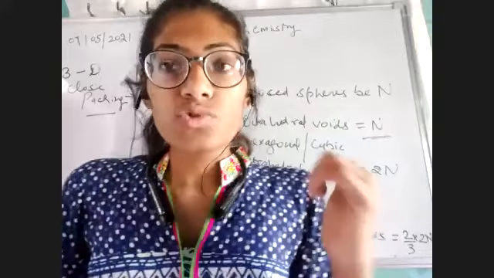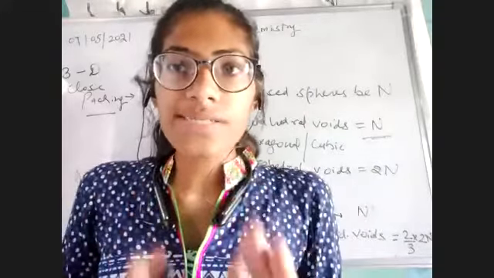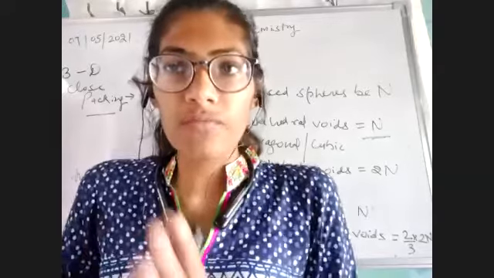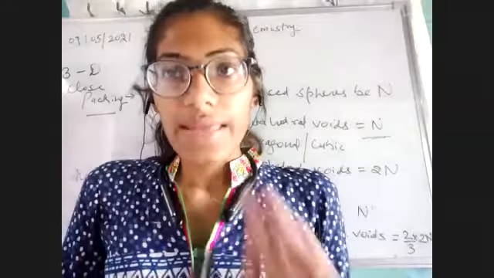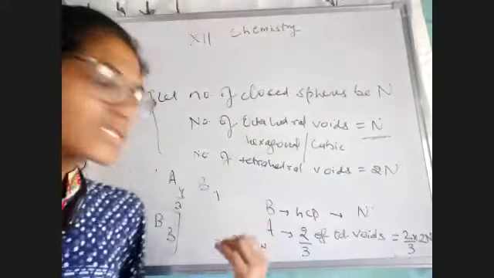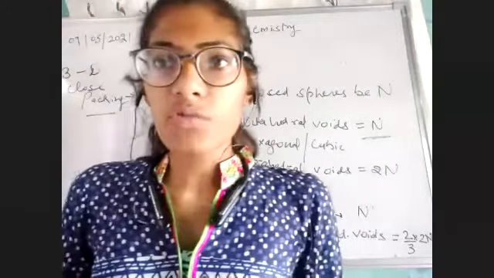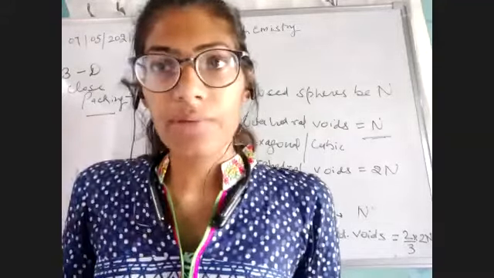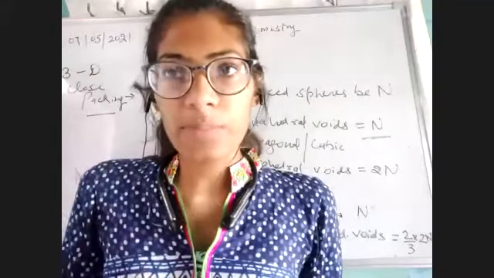So the solid state in your board exam would be almost 5 marks, in which you would get the 2 marks question, which we have just done, and the 1 mark question would come from that particular table we did in our previous 2 to 3 classes.